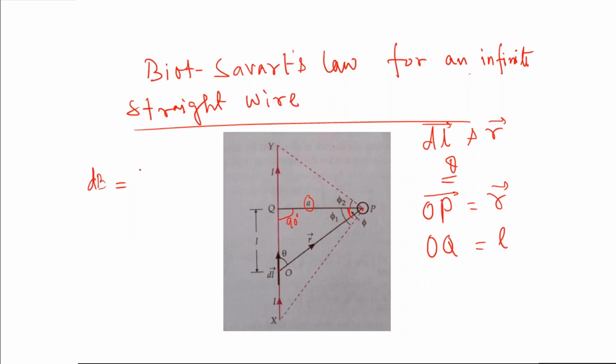So this is mu0 I dl sine theta by 4 pi, and here r means the distance from here to here, so this will be a square. This is the QP distance.